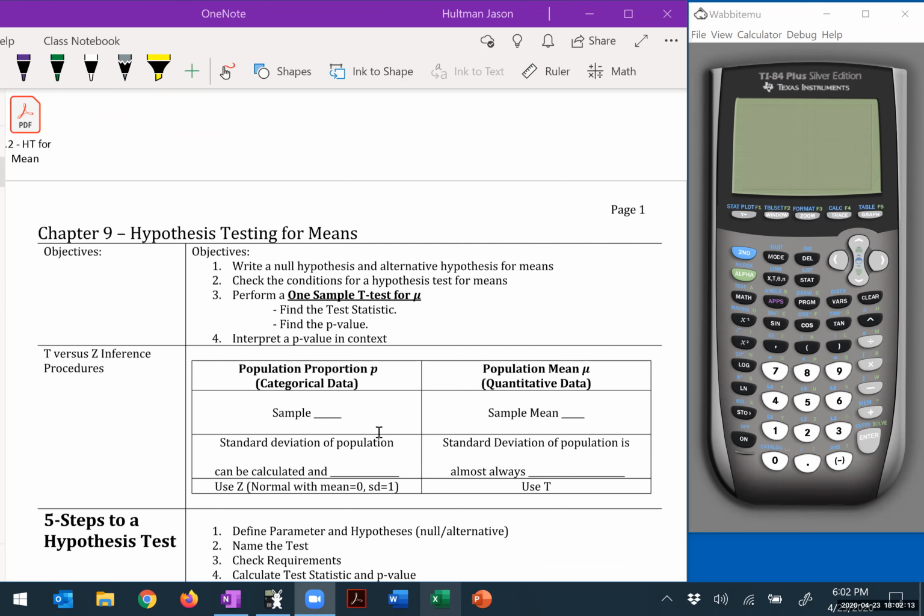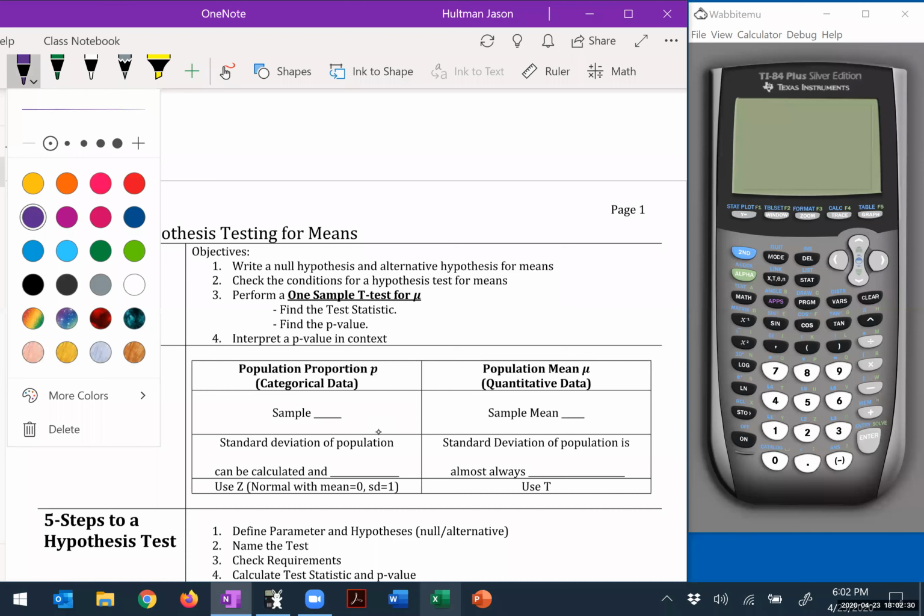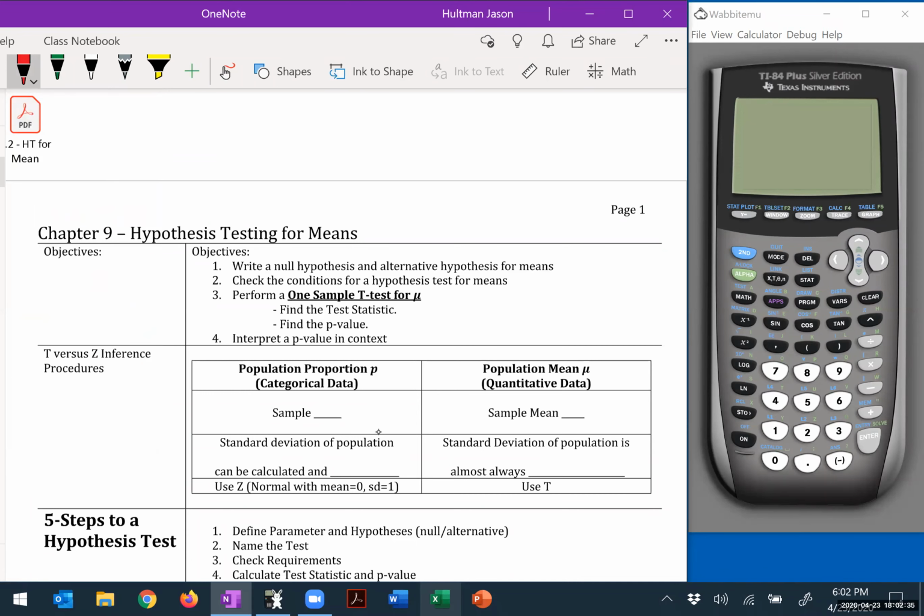Objective: write the null hypothesis and alternative for means. Write the null and alternative. Then check the conditions for the hypothesis test for means.